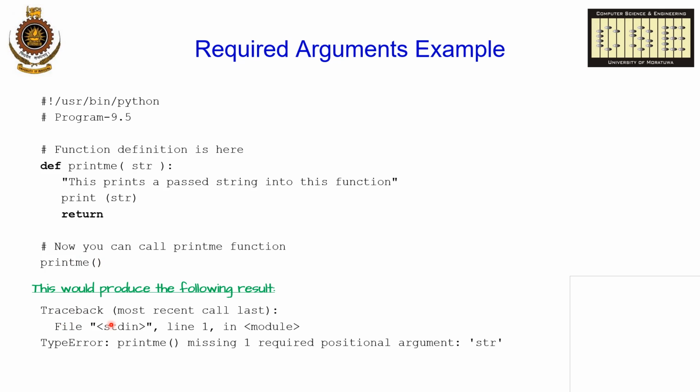It says line 1, type error, print me missing one required positional argument. Argument name is str. So the required arguments, you have to provide them. The number of arguments should match. Here it's 1, cannot be 0, and if there are multiple arguments, the order has to match as well.